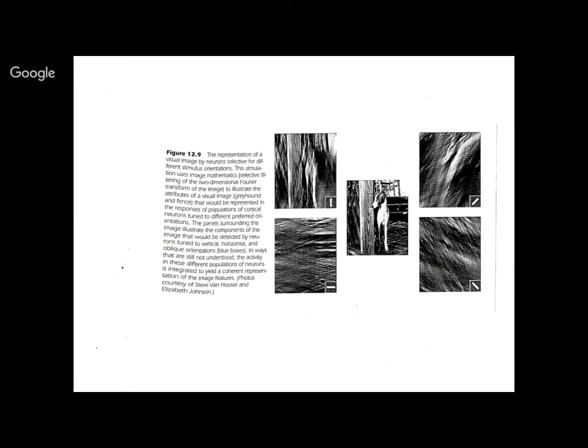If you looked at all the neurons with this orientation, you see this pattern, kind of a picture, and when you look with a perpendicular orientation, you will see a different picture. These are combined by the brain to generate the original picture, a combination of these orientations and stimuli and different patterns that eventually get combined into the final picture.